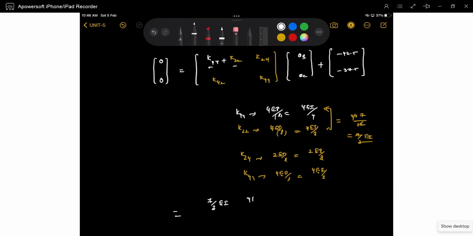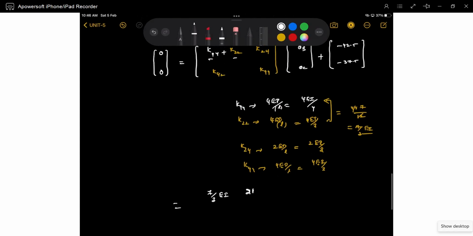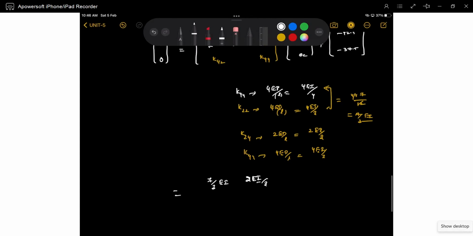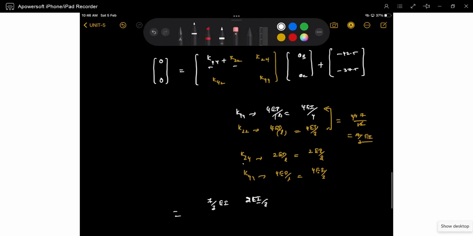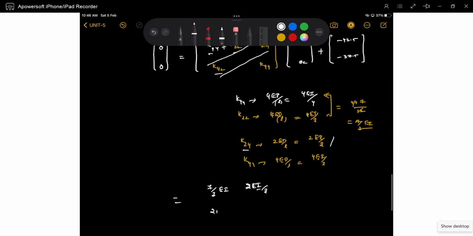K24 is 2EI by 3. If you know K24, K42 is also the same thing, because everything is a symmetric matrix. Understood? No need to write it. Otherwise you can check, that is also 2EI by L, 2EI by 3. This is 4EI by 3.